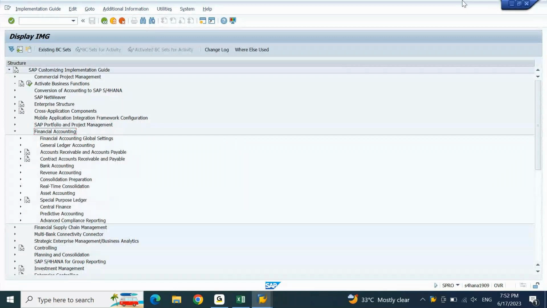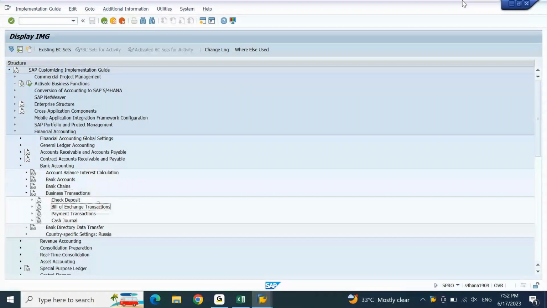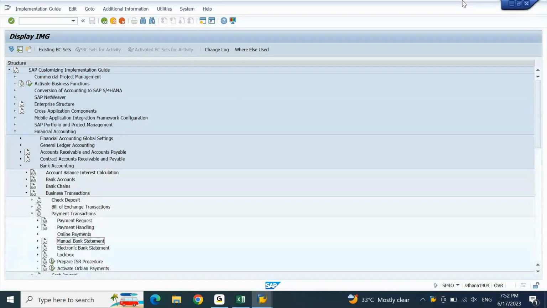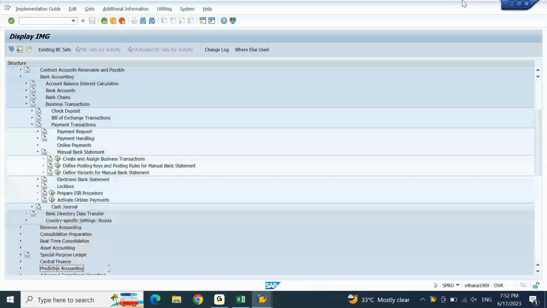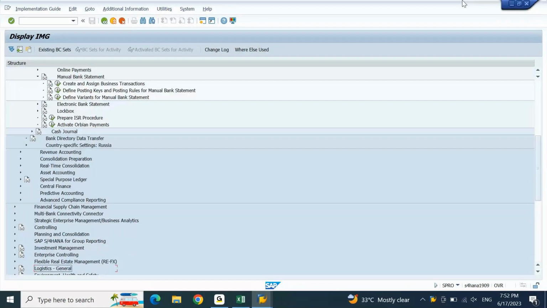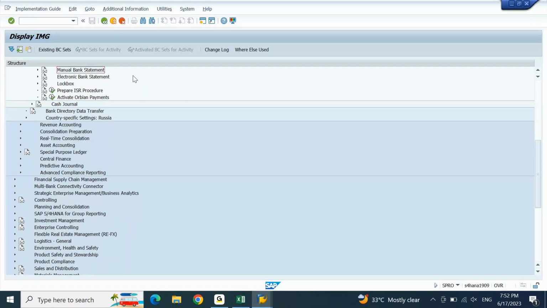Financial accounting, bank accounting, business transactions, payment transactions, manual bank statement. How many settings you have here? Under manual bank statement, how many settings? 1, 2, 3.